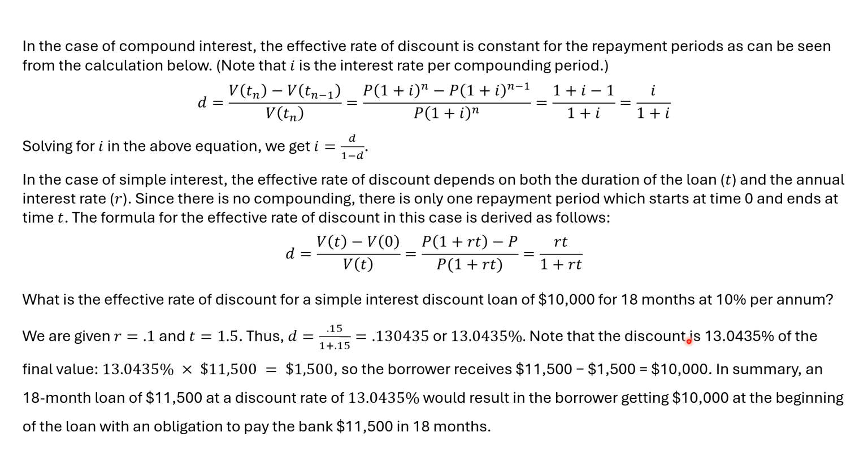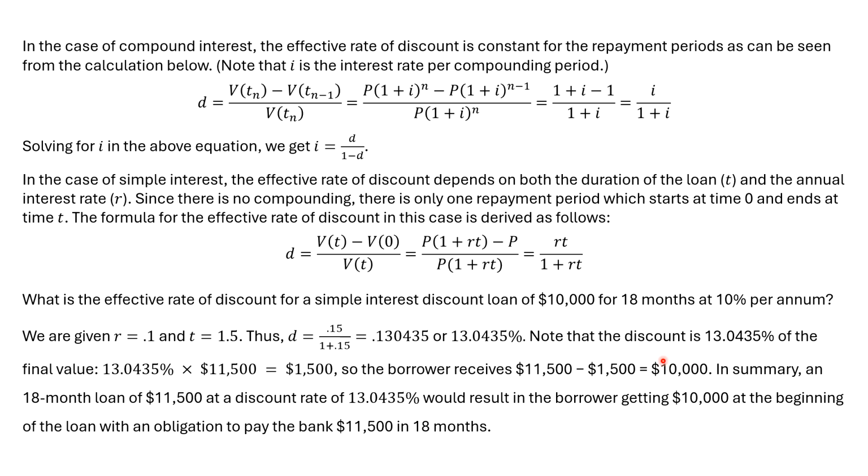Note that the discount is 13.0435% of the final value. So if you take this percentage times the final value, you get 1,500. So the borrower receives the 11,500 minus the discount.